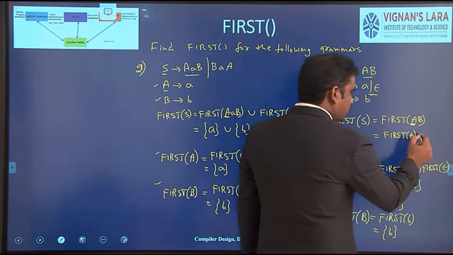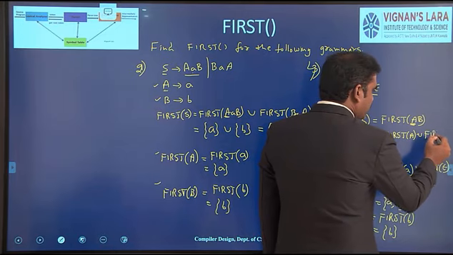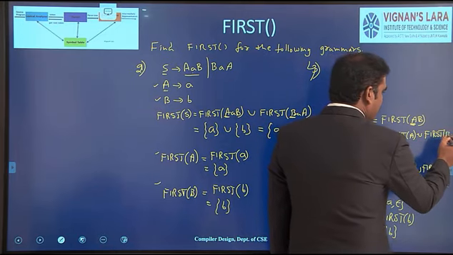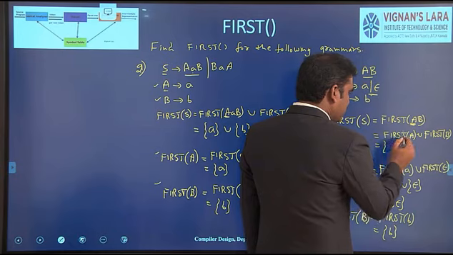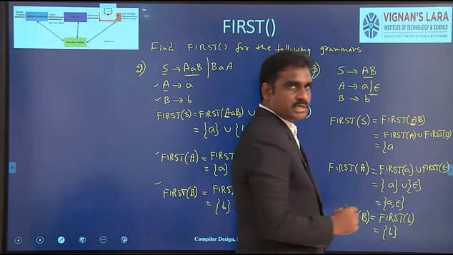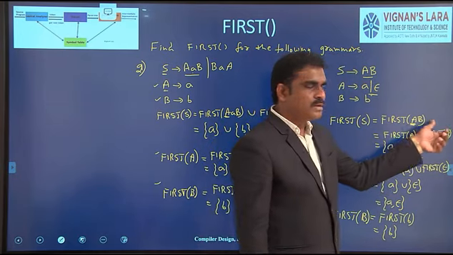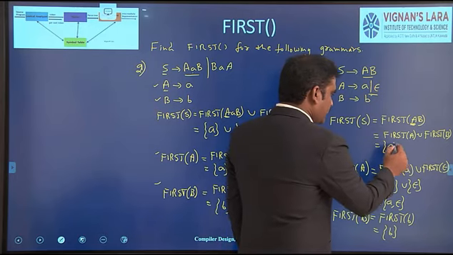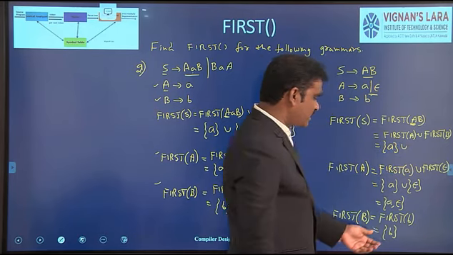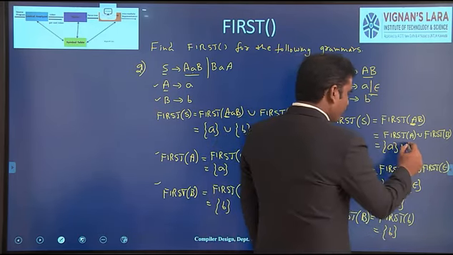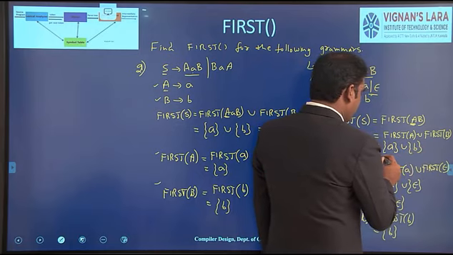That's why we can add first of B. Now the answer is first of A means a. No need to write the epsilon, because instead of epsilon you can add first of B. So a union first of B. What is first of B? b. So the answer is a comma b.